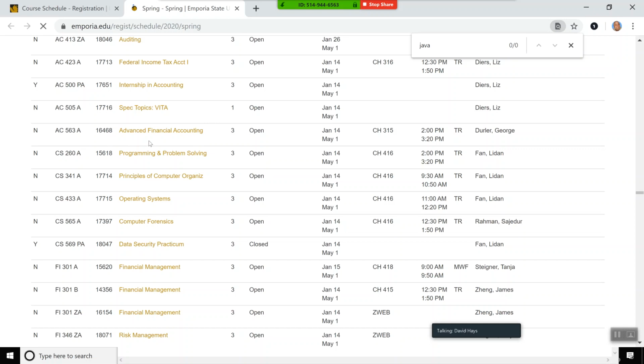Here are their CS classes: programming, problem solving, principles, computer organization, operating systems, computer forensics, data security. Unless I'm looking in the wrong place, would this be a very good place for you to go to, you think? Probably not. They've got only 5 computer science courses. Am I reading that right? 1, 2, 3, 4, 5 classes.